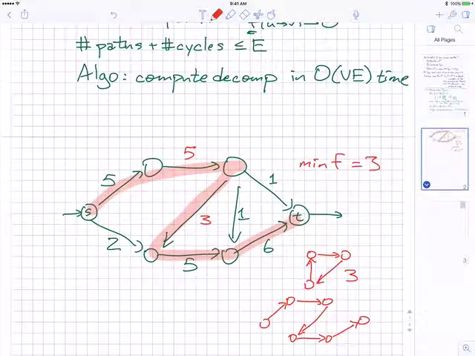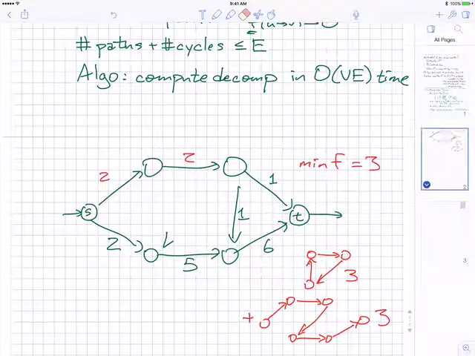And I look along all the edges of the path, and I notice the minimum flow value in this case is, again, 3. So I write a 3 here. And so I'm going to reduce all of these values by 3, which means this edge is just going to go away entirely. 2, 3.